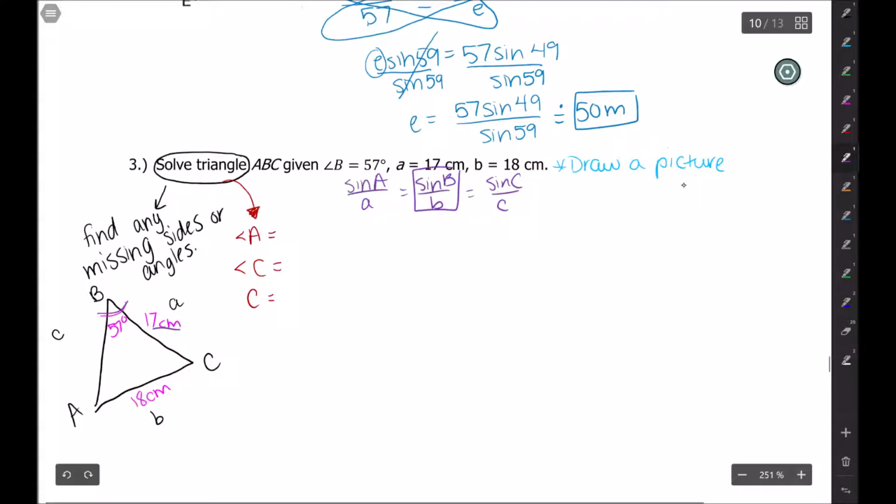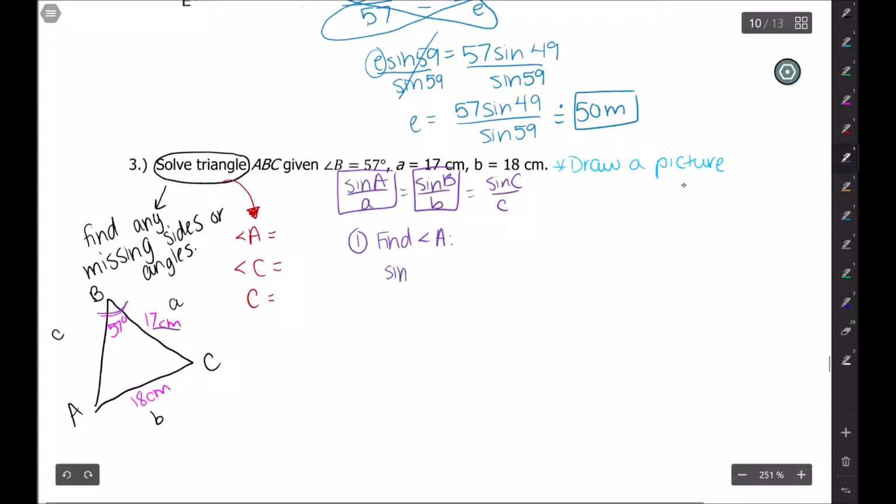We're also given lowercase a, and we want to find uppercase A, so we can use this other ratio in order to complete our proportion, okay? So the first thing I'm going to do is find angle A, because I have enough information to do that.